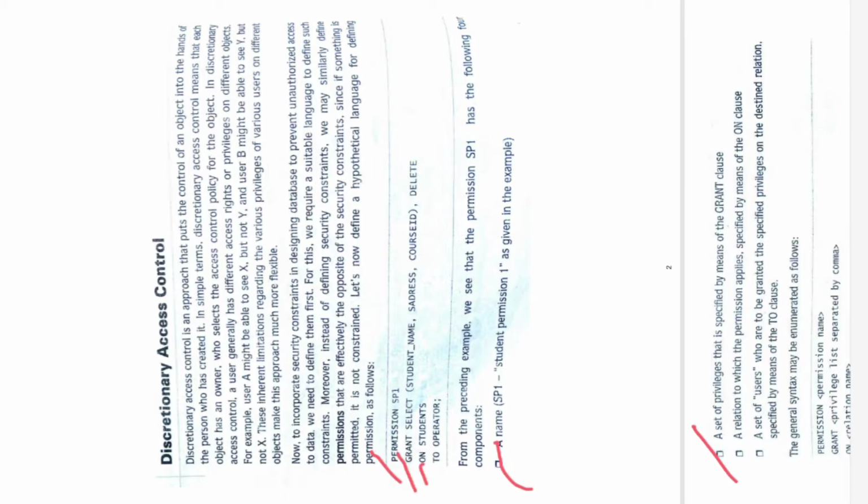Then on which particular relation or table I want to specify, that I am going to write. And lastly, whatever the set of users, means operators, where we want to grant the specified privileges, that also we need to specify. So here I have taken operator as an example.